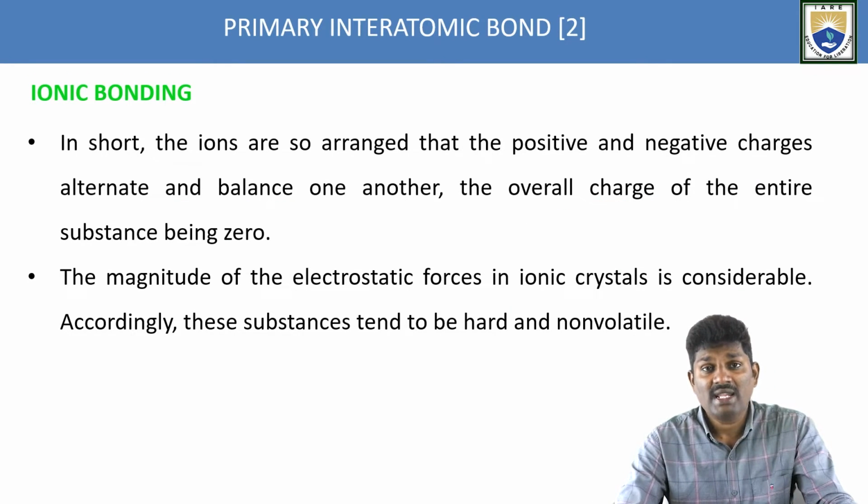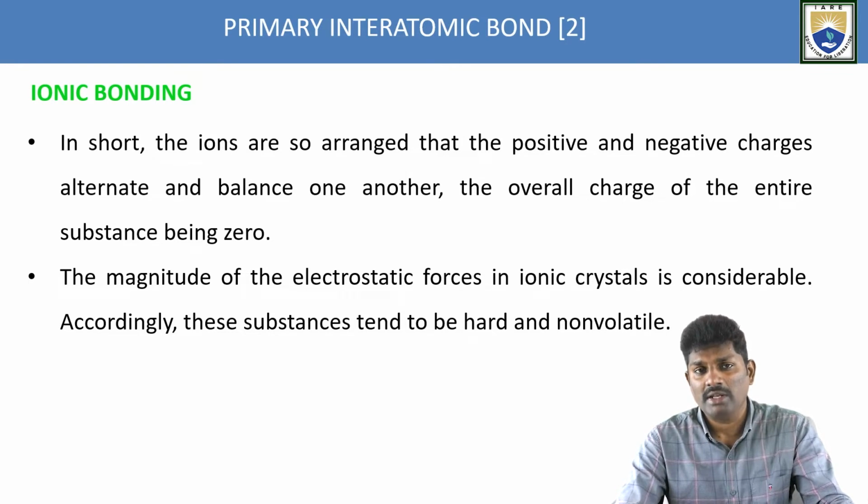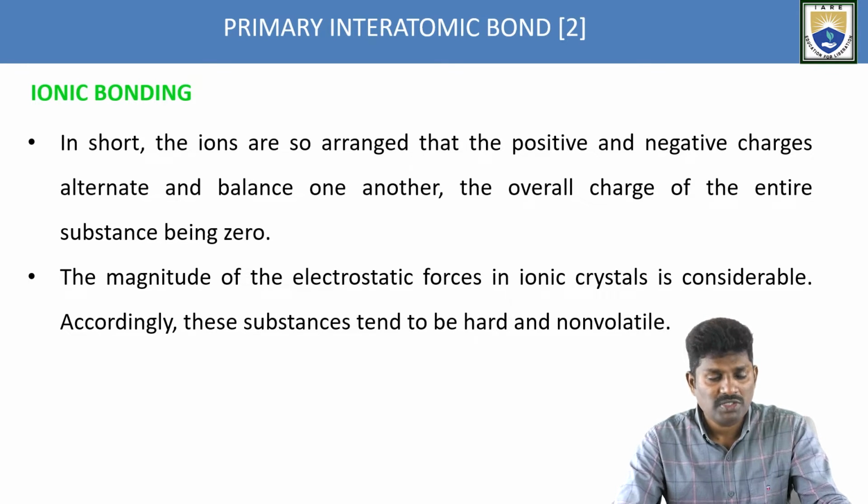And ions are arranged in such a way that positive and negative charges are alternatively arranged and balance one another. So in order to achieve this ionic bonding, you have to arrange the ions so that there is a positive and negative alternatively, so that there is a strong attraction between them, and the overall charge of the entire substance should be zero. Why?